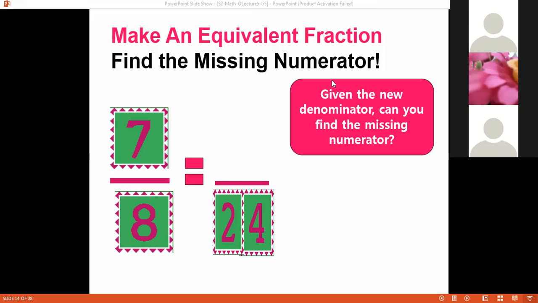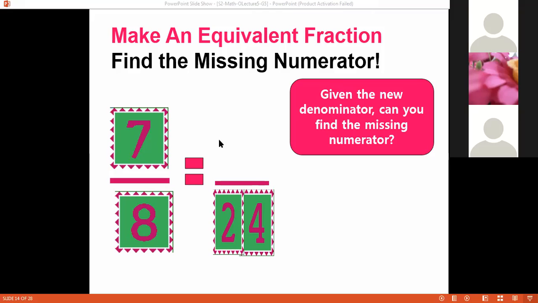Okay. How did the 8 become 24? What's the number you multiply 8 by? 8 times 4? 8 times? Yalla, calculate it correctly, Hussein. Not 3.